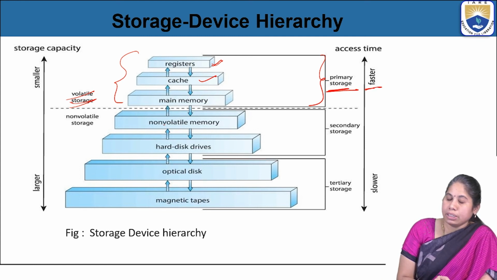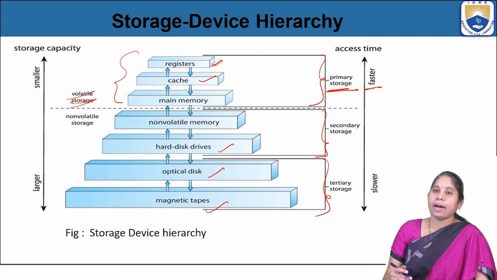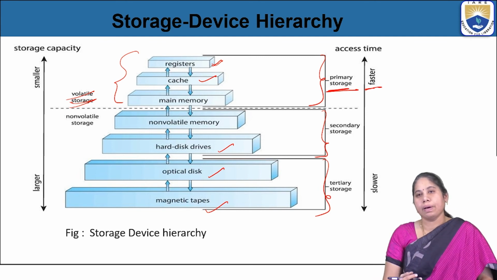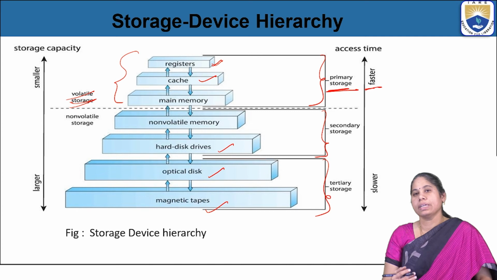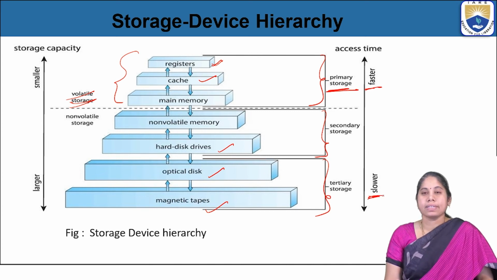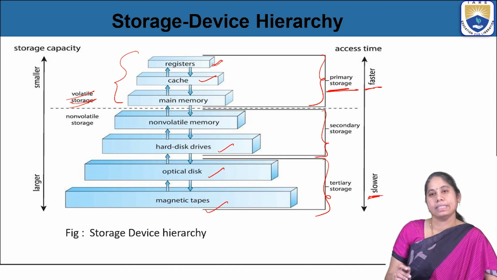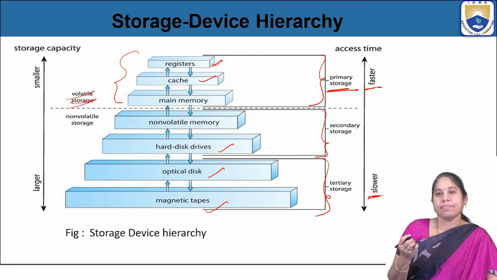Now come to the non-volatile memory. Hard disk drives, optical disks, magnetic disks. These are non-volatile. Hard disk drives are secondary storage, and optical disks and magnetic tapes are tertiary storage. But you have to load the information from the magnetic tapes to the computer. It is a little slower. I hope everybody has come across that experience. If the information is available inside the computer, you can access it very fast.